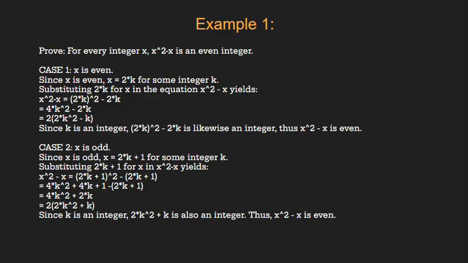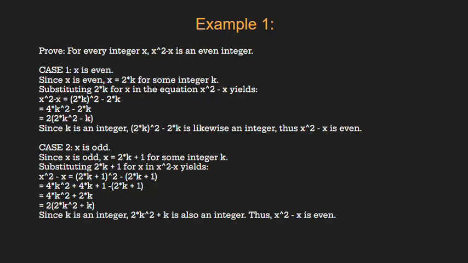Example 1. Prove for every integer x, x squared minus x is an even integer. In case 1, x is assumed to be even. Since x is even, x equals 2 times k for some integer k.